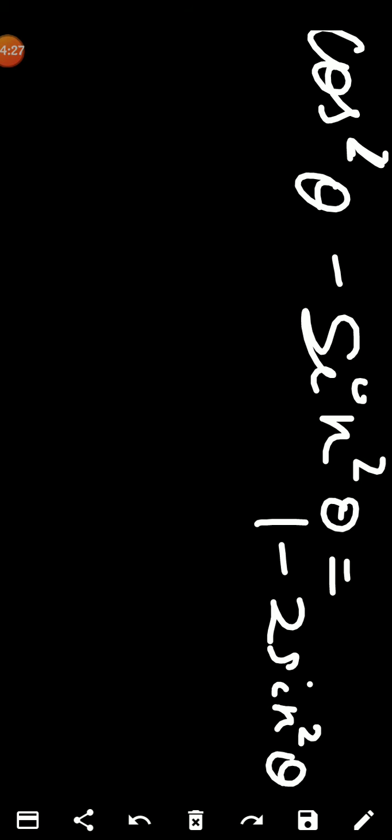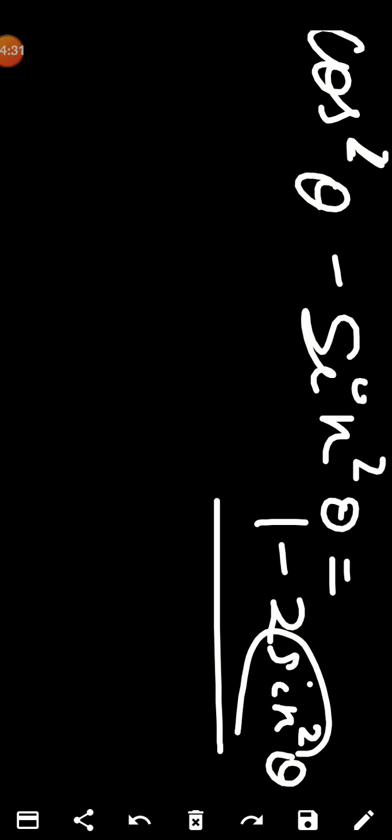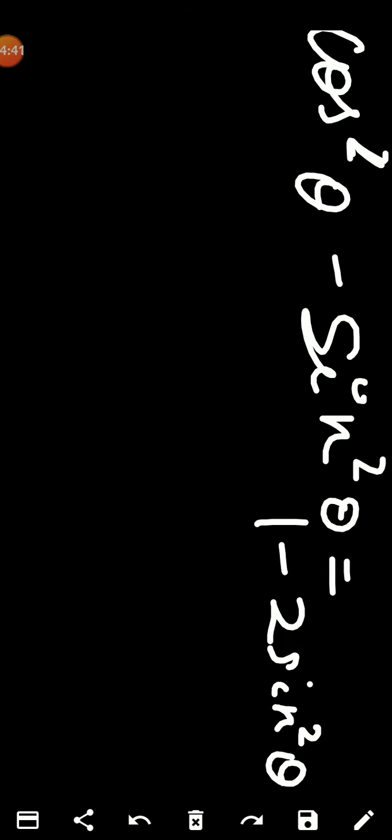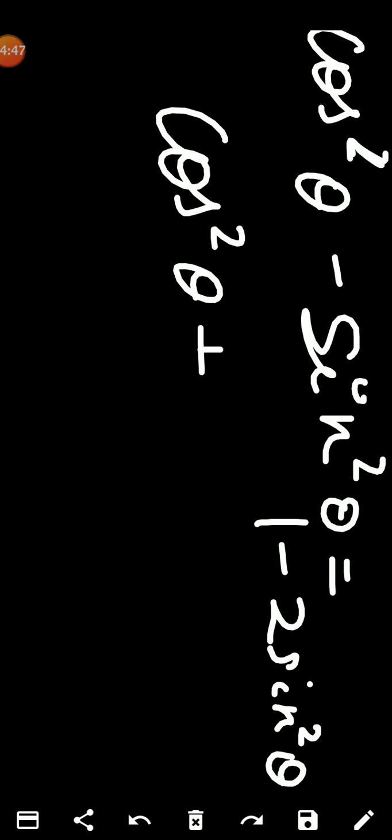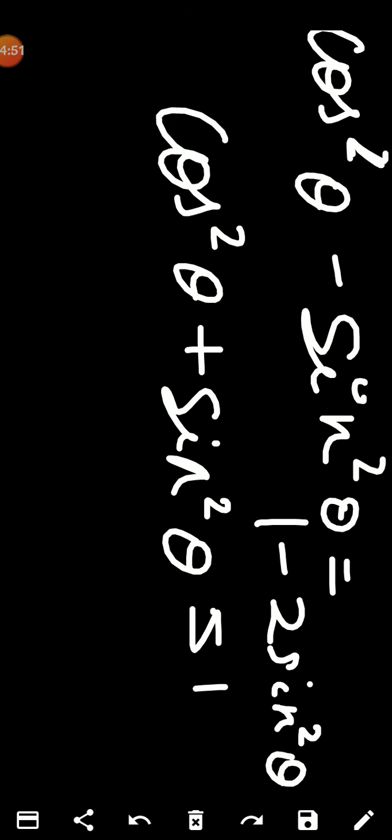Now you may notice that in our right hand side we have only sine square. So somehow we need to remove this cos square and bring sine square on the left hand side also. So now how do we do that? Well, we can do that by using the identity cos square theta plus sine square theta is equal to 1.